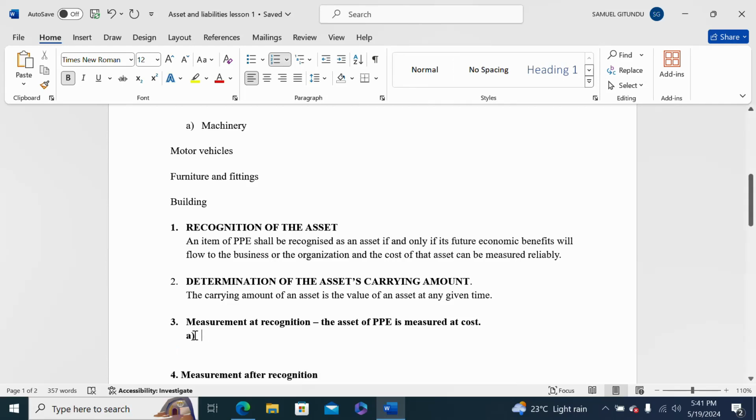The first element is the cash price less any discount. The cash price less any discount. For example, if you want to purchase a machinery which is going to be used in the production of goods in the organization, then you're going to recognize it as the cash price less any discount.